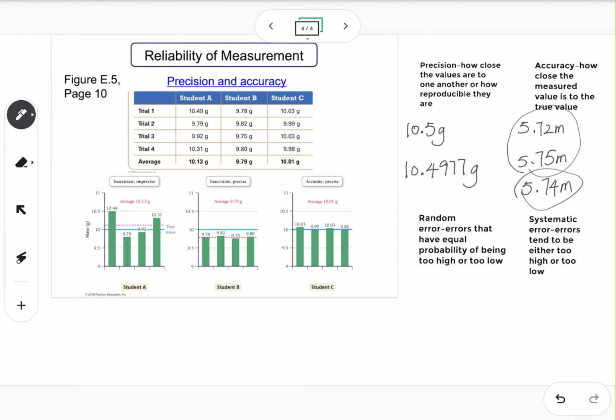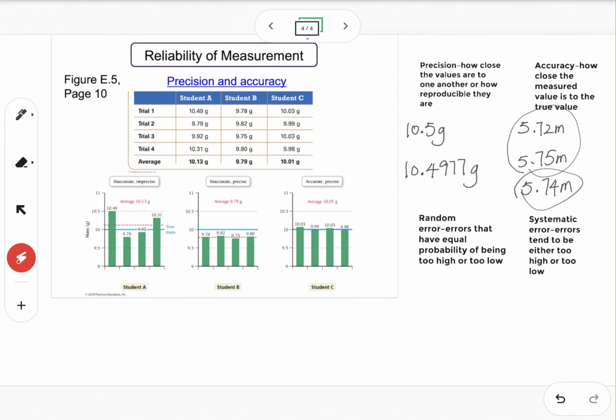So that's why we say that 5.75 is more accurate than 5.72 meter. That's how we distinguish precision and accuracy. Now, the next two concepts that we are going to talk about are random error and systematic error.